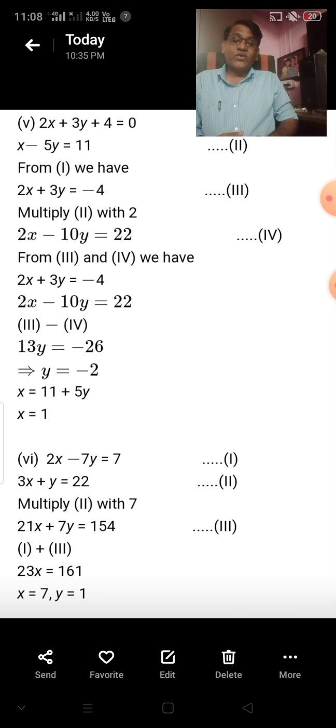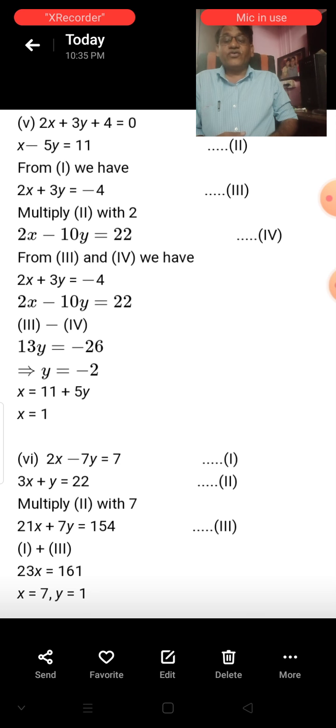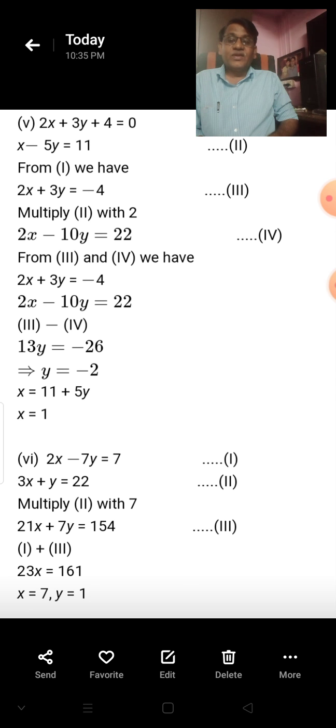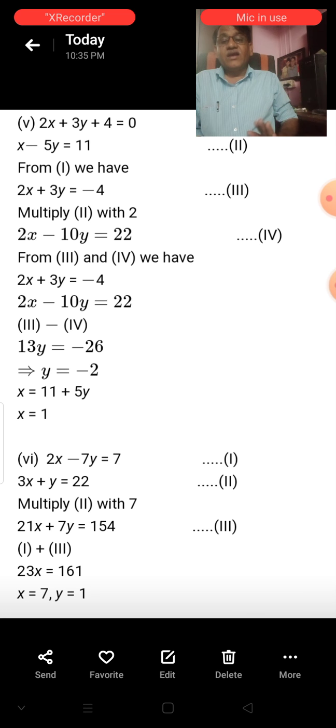is equal to 22. So when we subtract equation 4 from 3, the 2x gets cancelled, and only 10y plus 3y, which is 13y, is equal to minus 26. So y is equal to minus 2. Now substitute this value of y in equation 1 or 2.